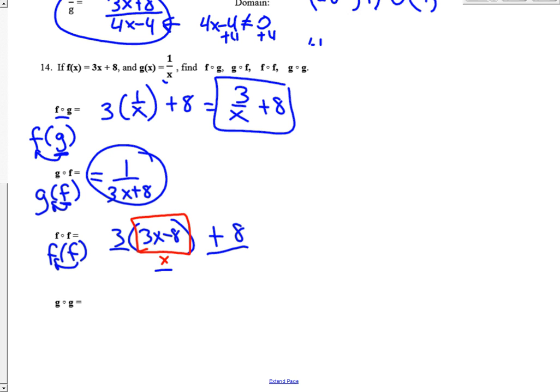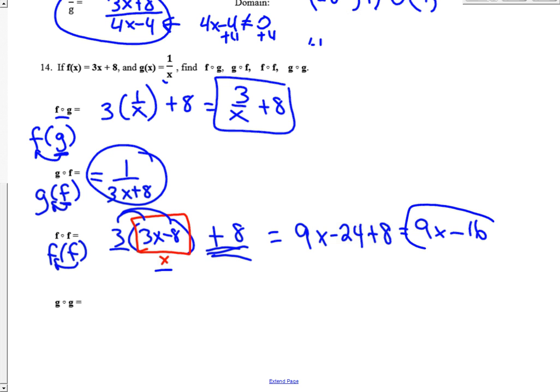We put in 3x minus 8. So we distribute the 3. That gives us 9x minus 24, and then plus the 8, and we get 9x minus 16. And that's our answer for f of f.